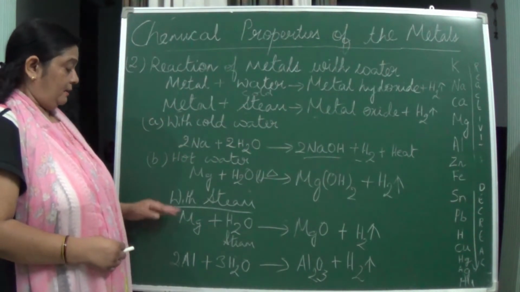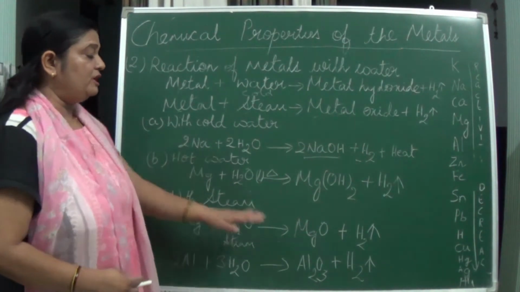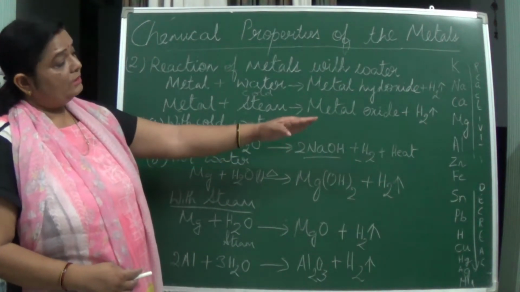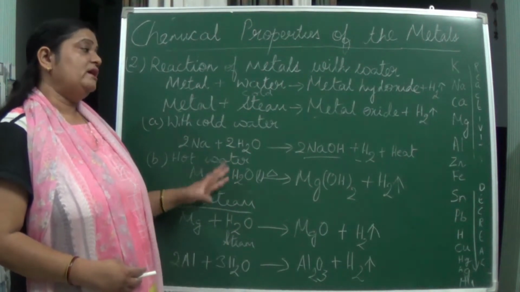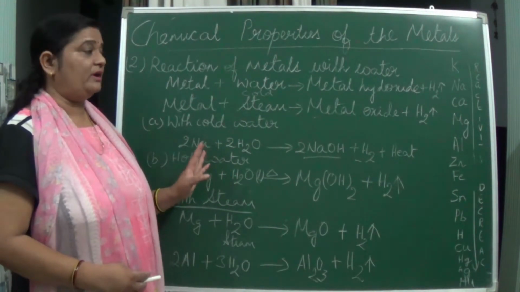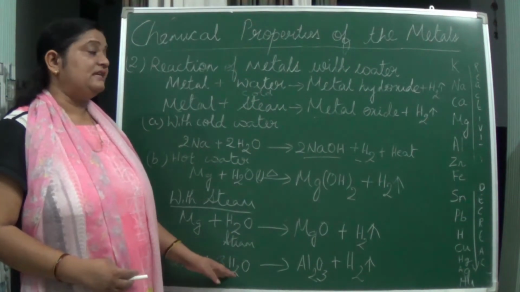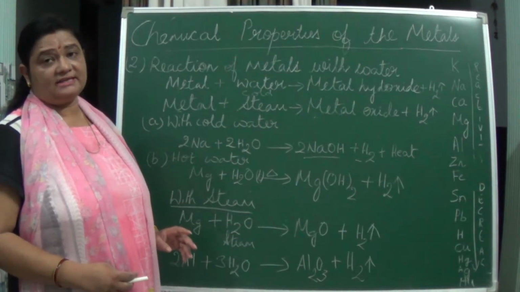Aluminium also reacts with steam to give aluminium oxide and hydrogen gas. Zinc also reacts with steam to form zinc oxide and hydrogen. Iron also, by reacting with steam, gives iron oxide and hydrogen gas.